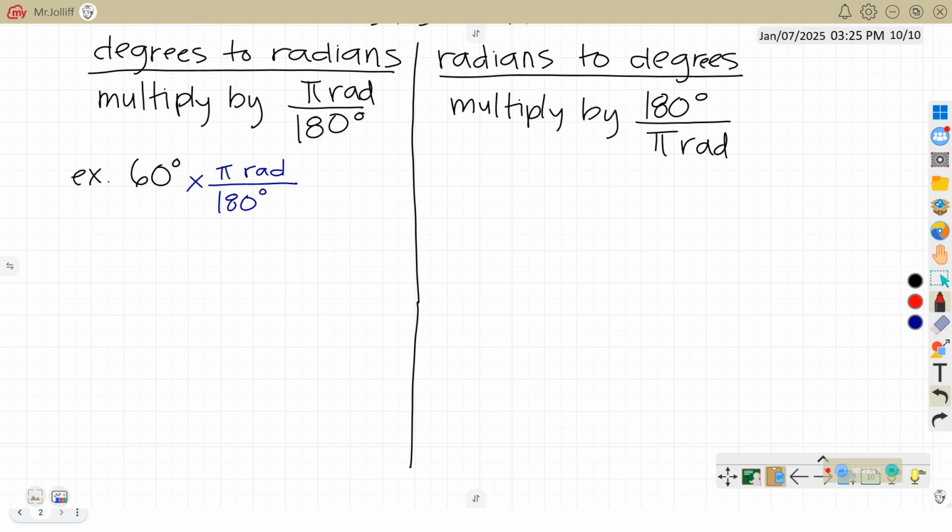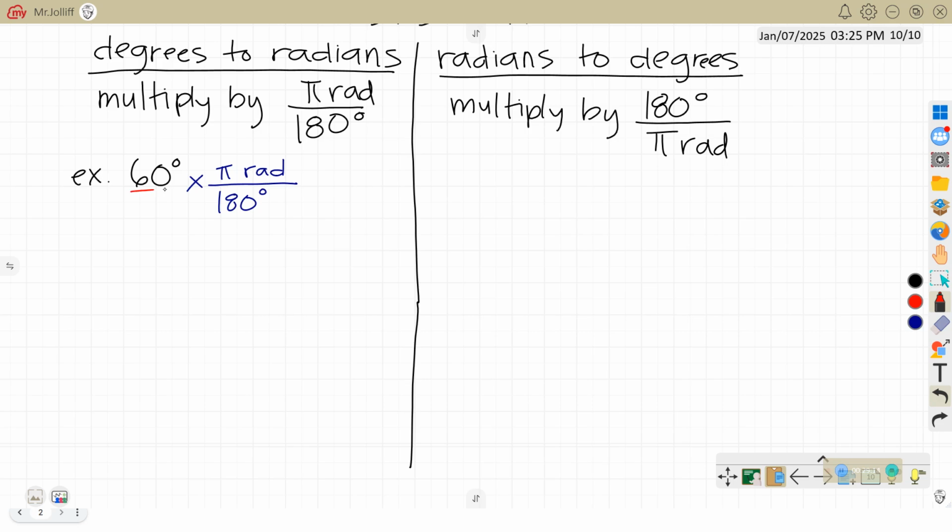If you are lazy, you can plug that in your calculator. I would not recommend doing that, because when you are giving an angle in radians, you want to give an exact answer that will contain pi. So you should reduce and then multiply the fractions. So that's what we're going to do.